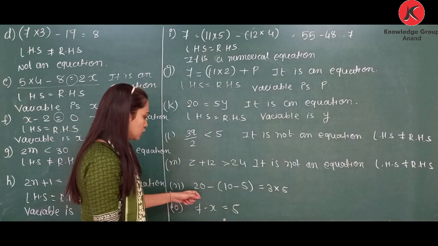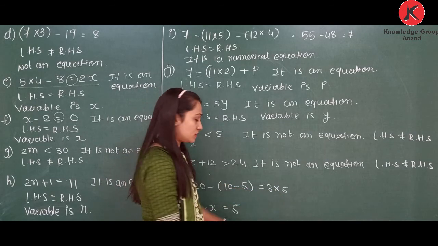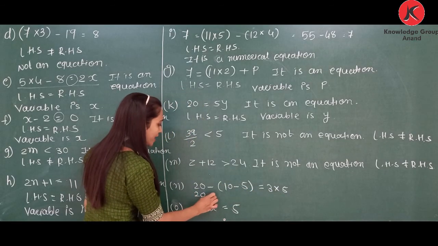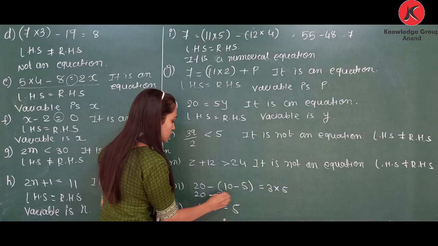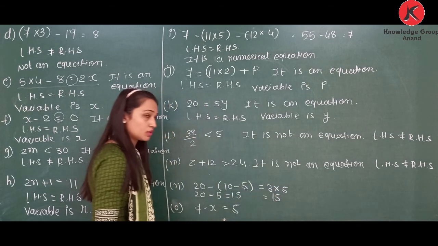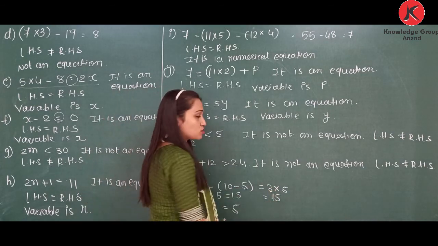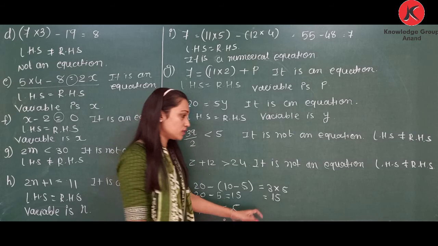For next one, 20 minus 10 minus 5 is equal to 3 multiplied by 15. Let's solve this. 20 minus 10 minus 5 is 5. So it is 15. And this side is also 15. If we solve left hand side, we get 15 and right hand side is also 15, but it is a numerical equation.